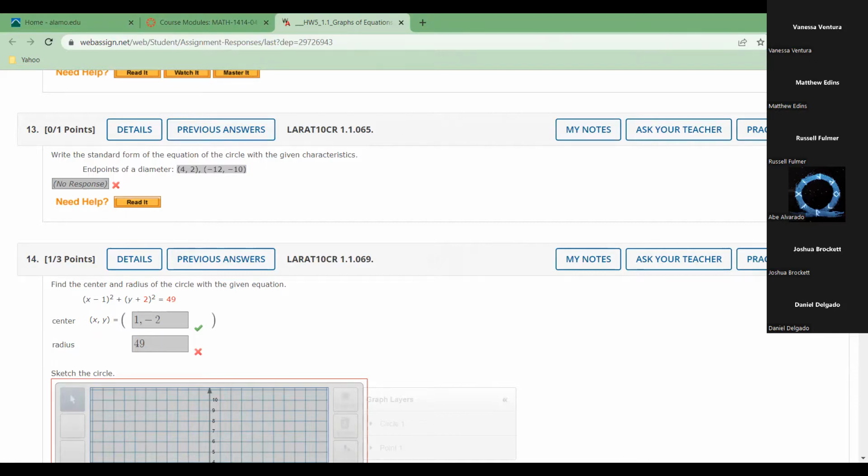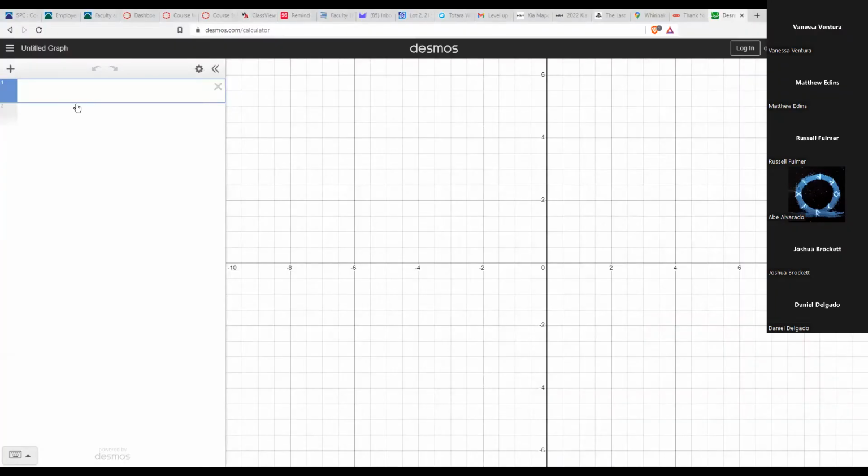Let me switch off here. It'll help to see the 2 points graphed. You don't have to, but it might be helpful to visualize it a little bit. 4, 2 and -12, -10, right?